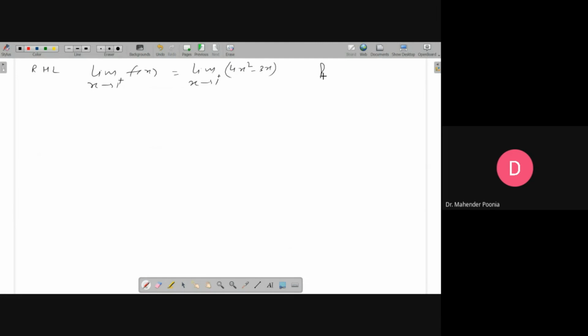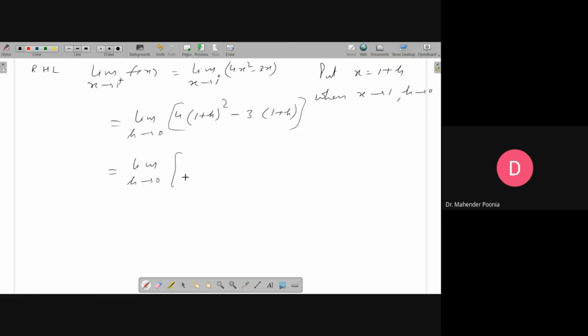Put x is equal to 1 plus h. When x tends to 1, h tends to 0. So the limit becomes limit h tends to 0 of 4 into (1 plus h) whole square minus 3 into (1 plus h), which is equal to limit h tends to 0 of 4 into (1 plus h) whole square.